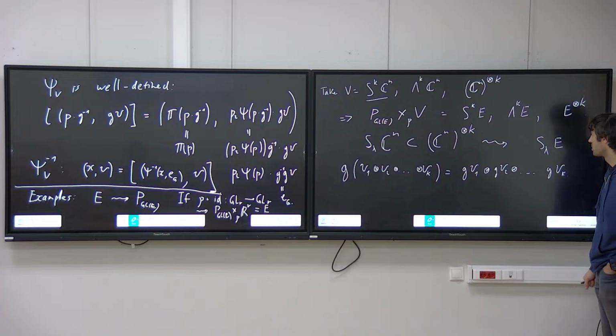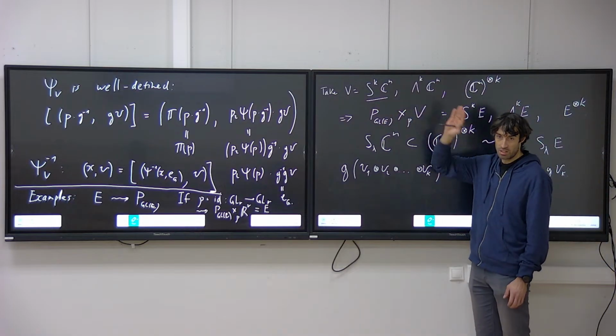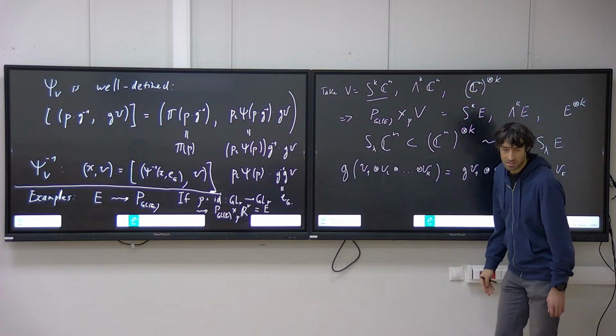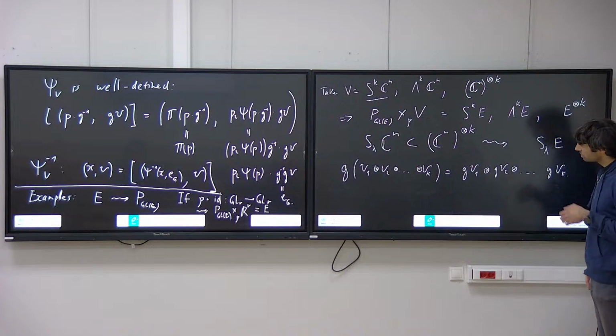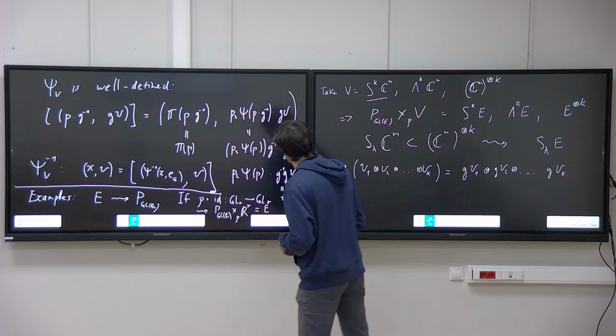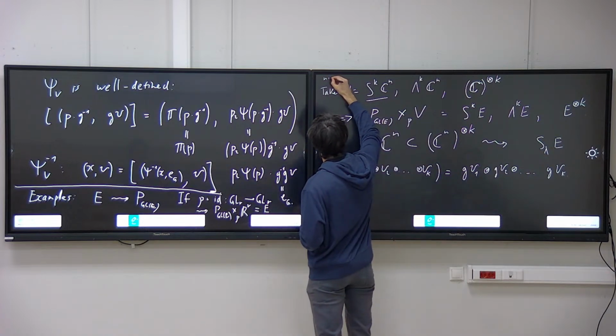И вы получите симметрическую степень C^n. Ну, в данном случае n это на самом деле r. Я как-то перескочил на другое обозначение.